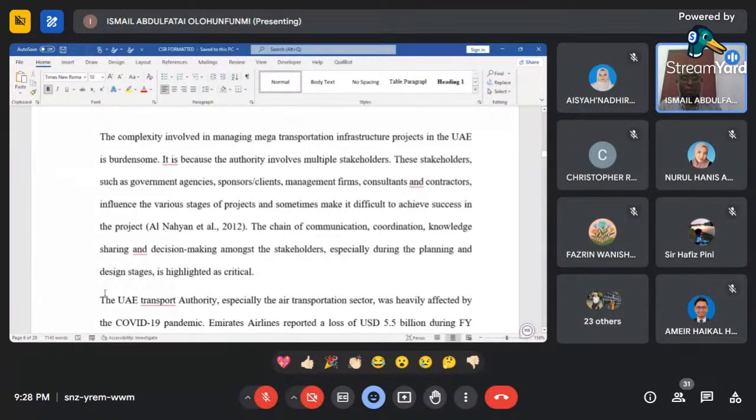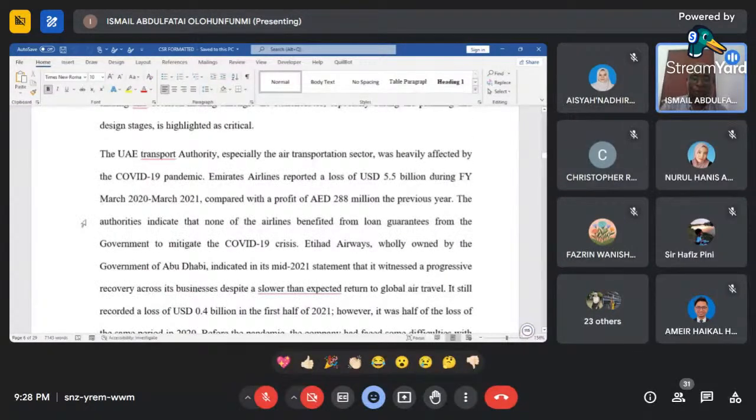Knowledge sharing and decision making among the stakeholders, especially during the planning and design stages, is highlighted as critical. The UAE Transport Authority, especially the air transportation sector, was heavily affected by the COVID-19 pandemic.